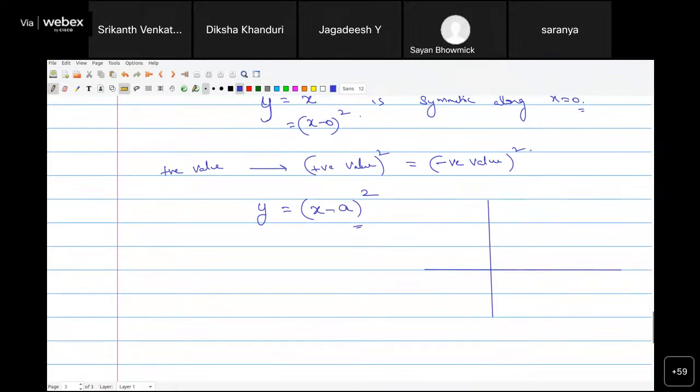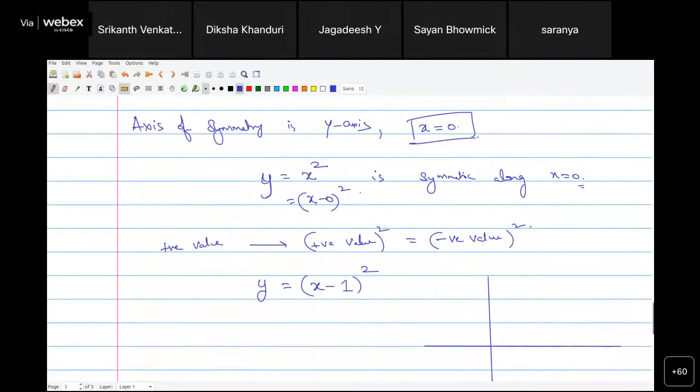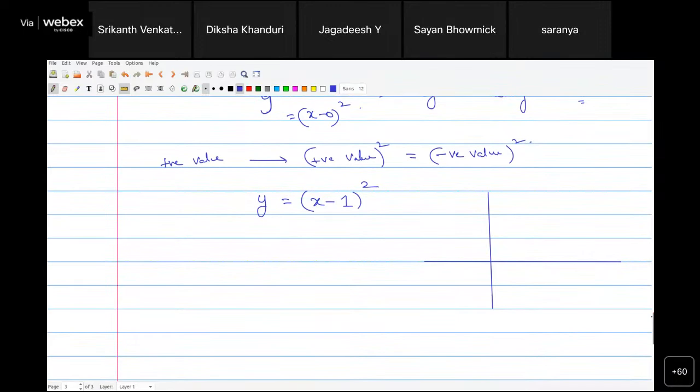It would be upwards. Okay, not a. Let us say 1. We have seen the 0 case. Let us say the x minus 1 whole square case. How does the graph of x minus 1 whole square look?